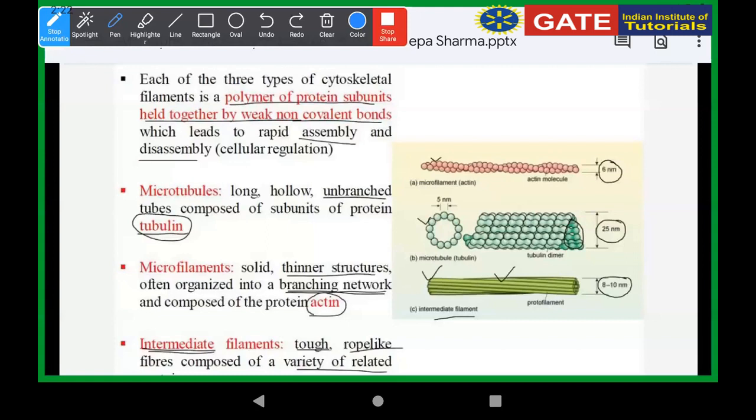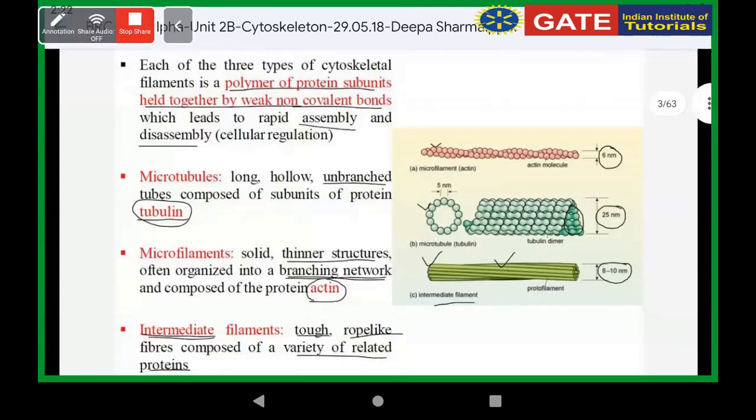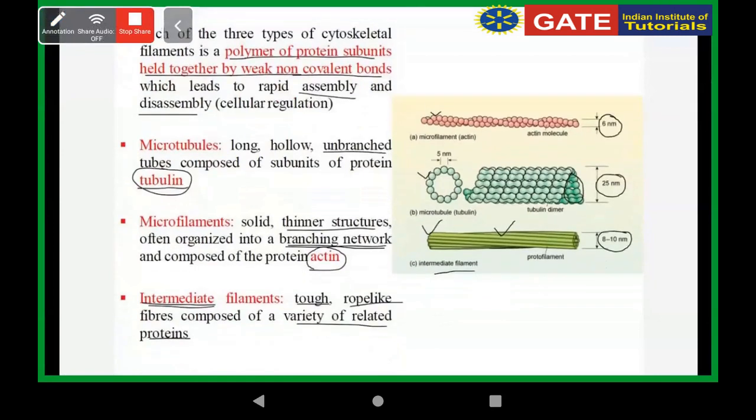Snigdha, understood? Yes, ma'am. So these are the three types of cytoskeletal filaments.